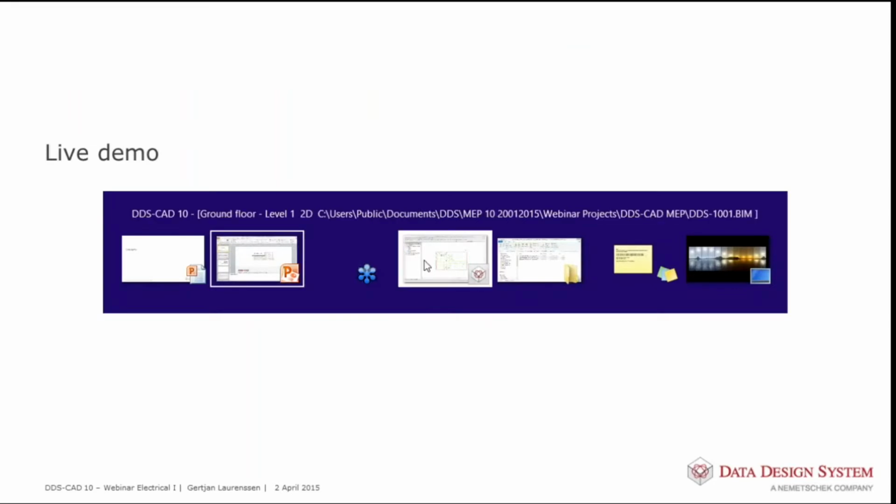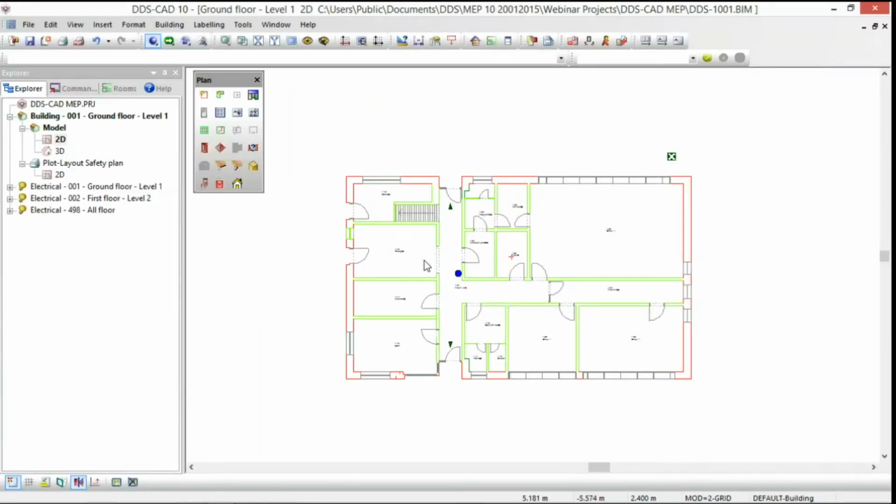I will directly start with a live demo. We will pass some steps on initial electrical design working with DDS-CAD. Now let me switch to the program, and we will start planning.